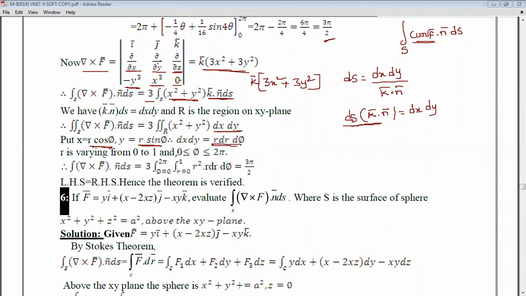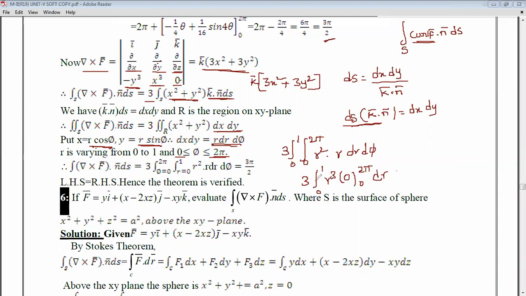And the limits for theta are from 0 to 2 pi. You can substitute here: r is from 0 to 1 and phi is from 0 to 2 pi. X square plus y square is nothing but r square, and dx dy is nothing but r dr d phi. So here it is 3 into integral 0 to 1 of r cube, and d phi is nothing but phi between the limits 0 to 2 pi.